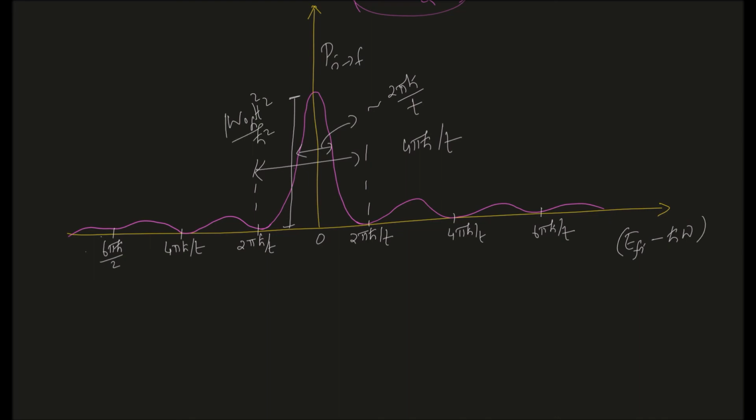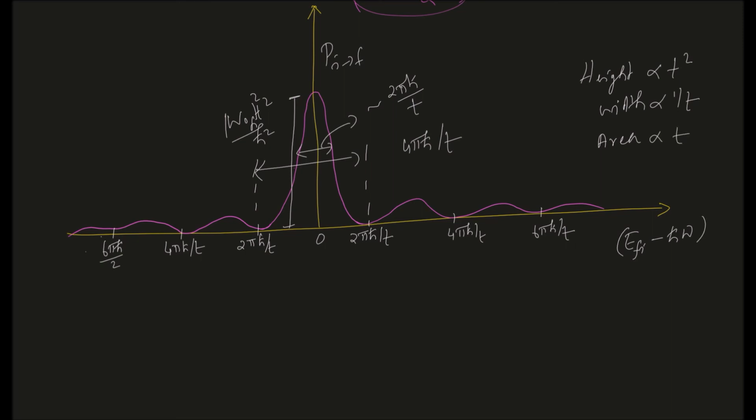So this height is proportional to the square of time and the width is inversely proportional to t. Okay, so the height of this is proportional to t square and the width is proportional to 1 by t, and hence you can see that the area is proportional to t.